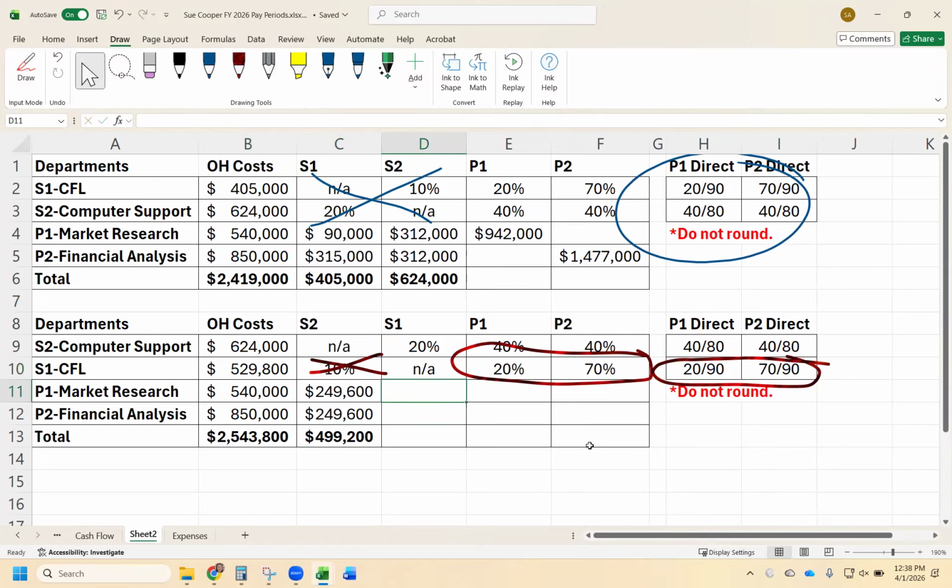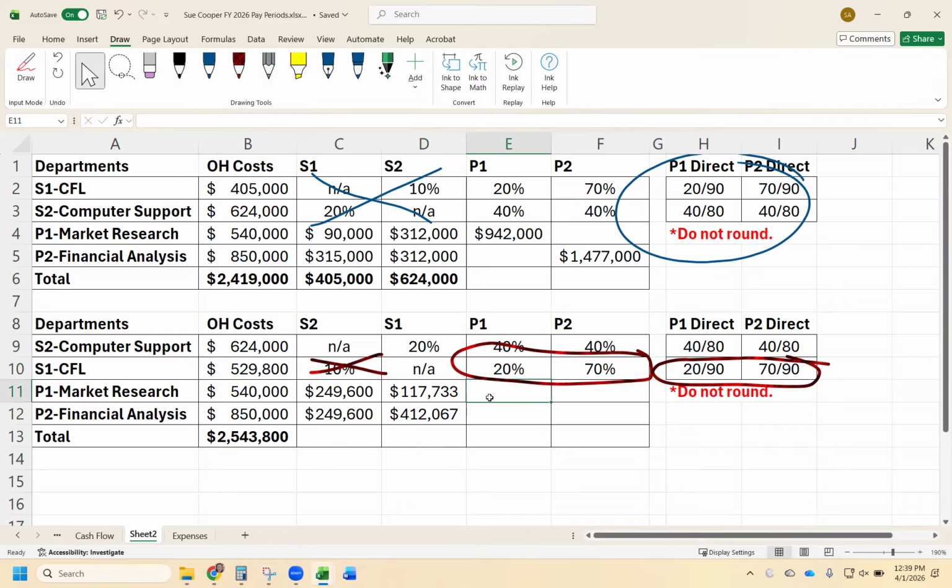So S1 to P1 is equal to 529,800 times 20 over 90. And the S1 to P2 is 529,800 times 70 over 90. And those two should add up to 529,800. Great.